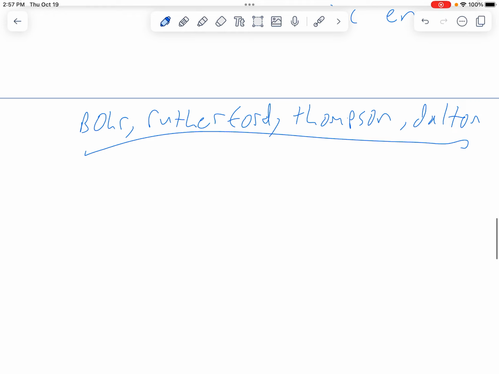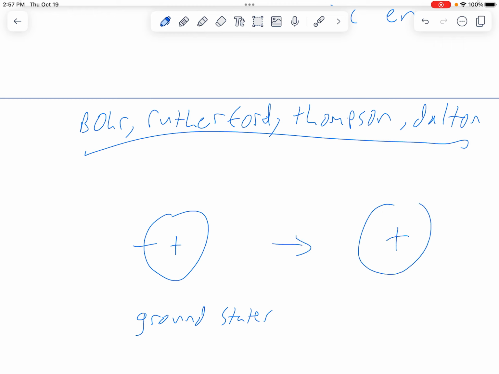And then don't forget about electrons and light energy, right? If you have a nucleus and some electrons around it, this is called the ground state because it's the lowest energy or most stable form of an atom. Sometimes, though, those electrons can jump up to higher energy levels, more unstable. That would be the excited state.